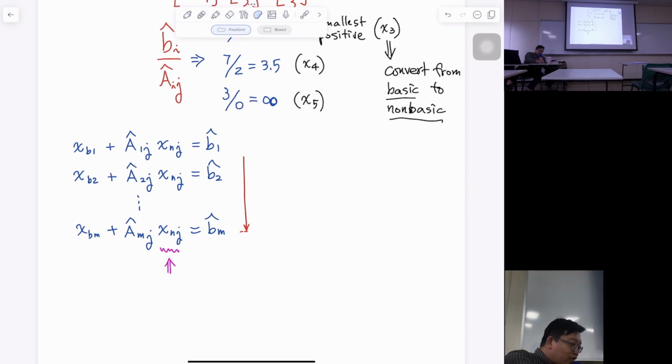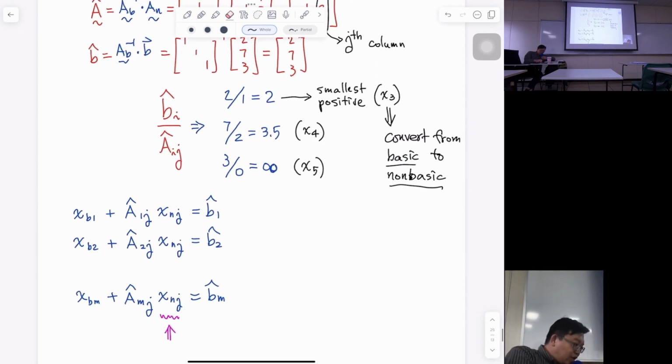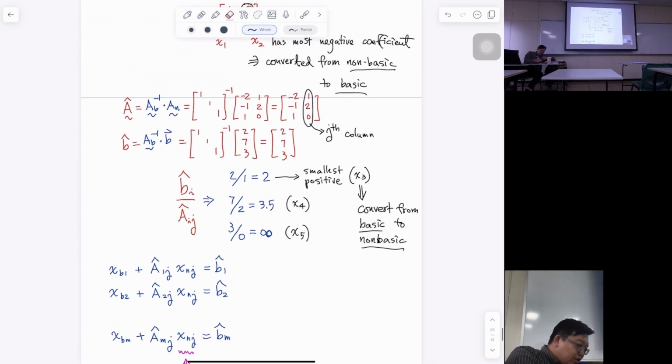Okay, let's try to draw the figures right here. Basically, the B heads are 2, 7, and 3, right? These are the B heads. And how about the A heads? Only the J column.